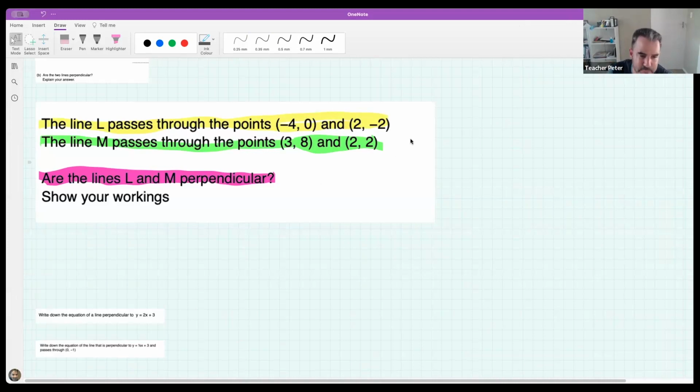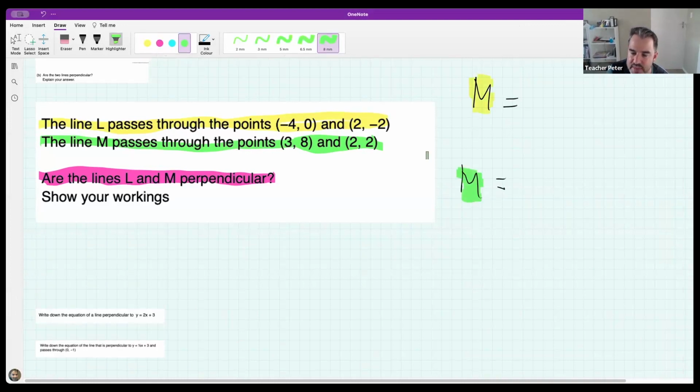Okay, I see in the chat people are saying, they are screaming it, gradients. So I want you to work out the gradient of the yellow line, and the gradient of the green line. And then tell me, do you think these are perpendicular lines or not? Over to you guys. I want you to do the work here.